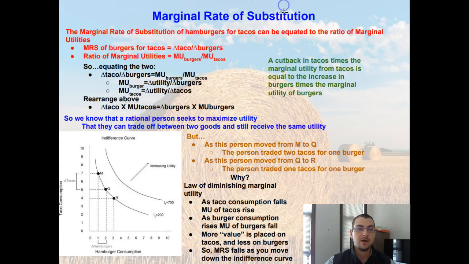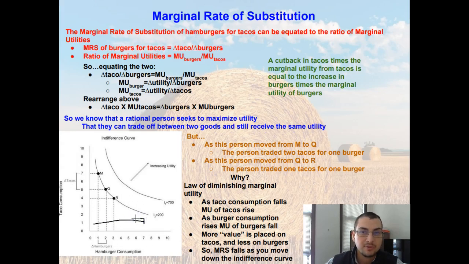So just keep in mind that as we're dealing with these indifference curves, these iso-utility curves, as we move down the indifference curve, the marginal rate of substitution falls. And we're going to be willing to give up, in this example, fewer tacos for 1 more hamburger as we move down this indifference curve.